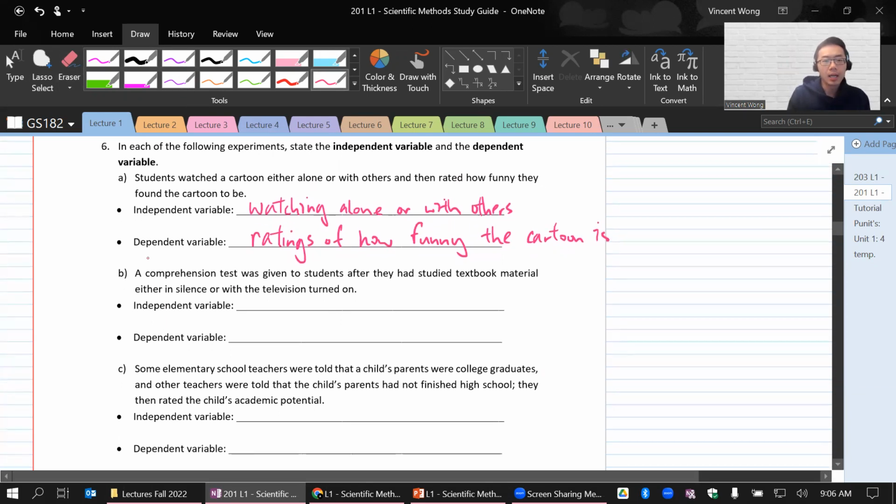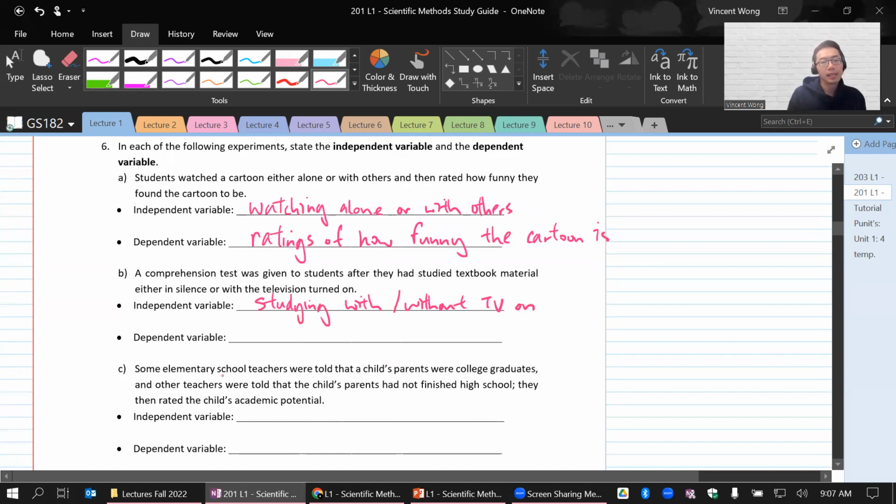Next one: a comprehension test was given to students after they had studied textbook materials, either in silence or with the TV on. So the independent variable here is studying with or without the TV on.